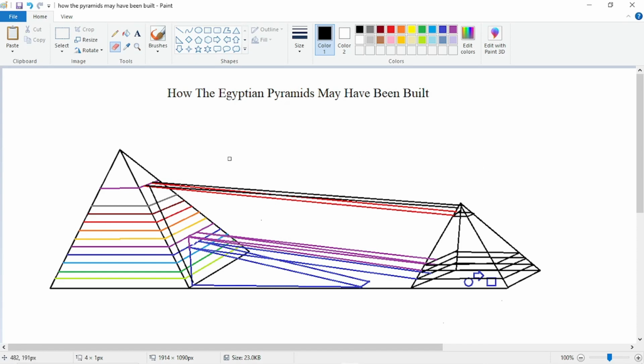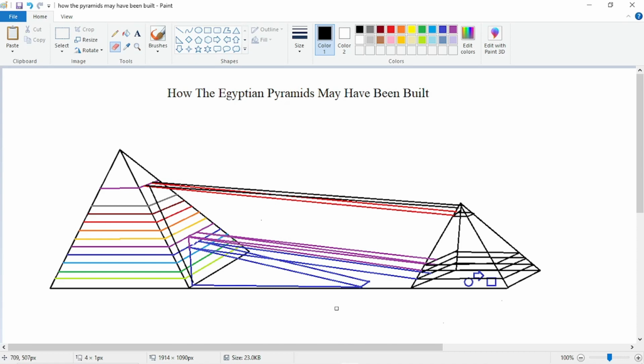It's a subject that I've been interested in, and I've seen that there are different ideas about how these pyramids were built, and nobody knows how they were built, because there's no proven evidence for how they were built. It was so long ago that there's nothing written down about how they were built, other than hieroglyphs.